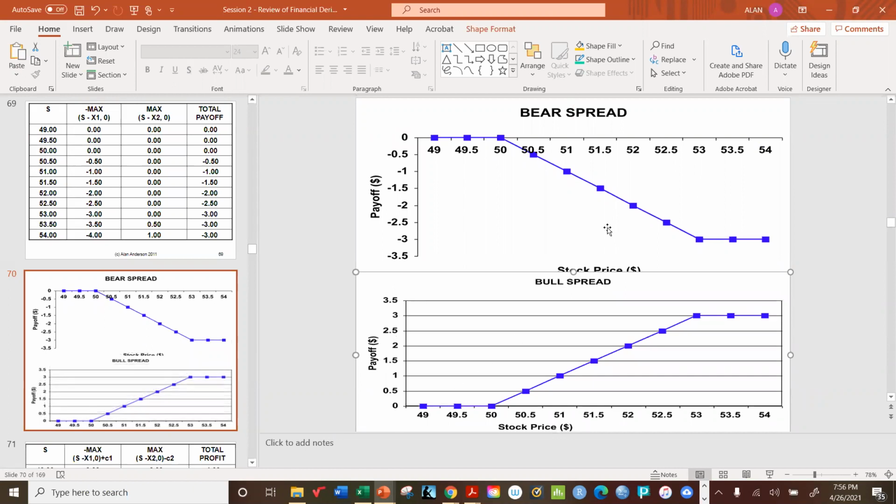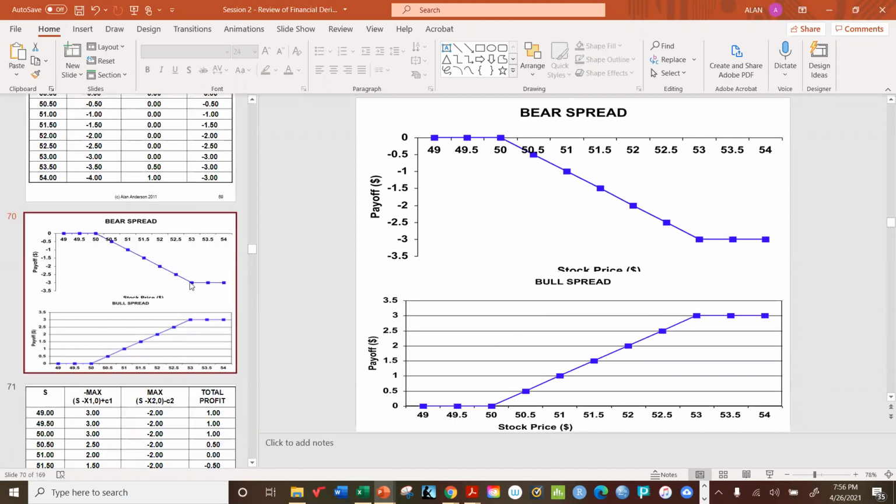All right, so yes, one is simply the reverse of the other, in the sense that it is flipped upside down from the original bull spread. The logic is exactly the same, except that now we're bearish on the stock. We think the price is likely to go down, and so in this range, of course, we will make money if that's true.